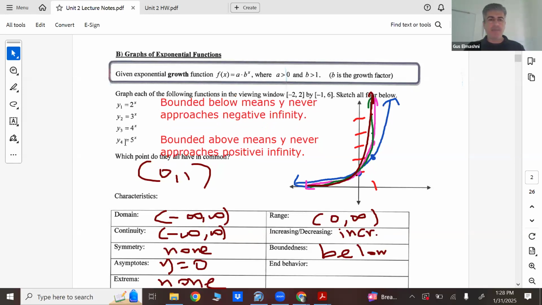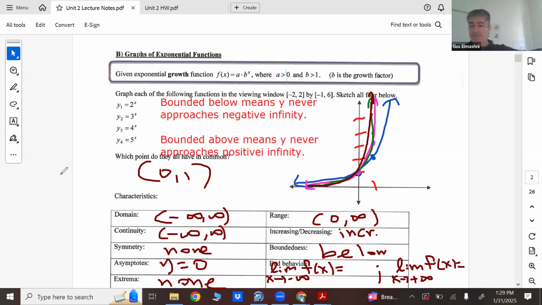And then end behavior: the limit as x approaches negative infinity of f of x, and the limit as x approaches positive infinity of f of x.